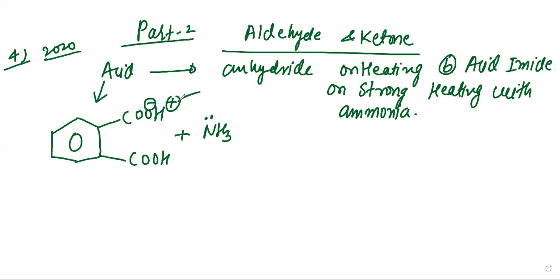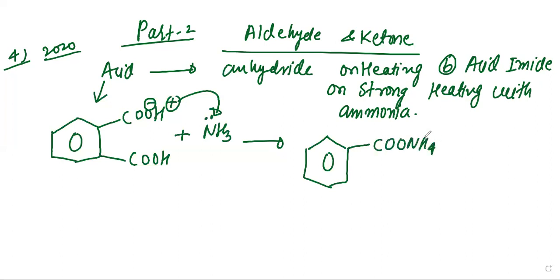This H plus is attracted towards this, so it forms ammonium phthalate. The structure will be COONH4 plus. This lone pair has gone, that's why it is plus, and this carries the minus charge.